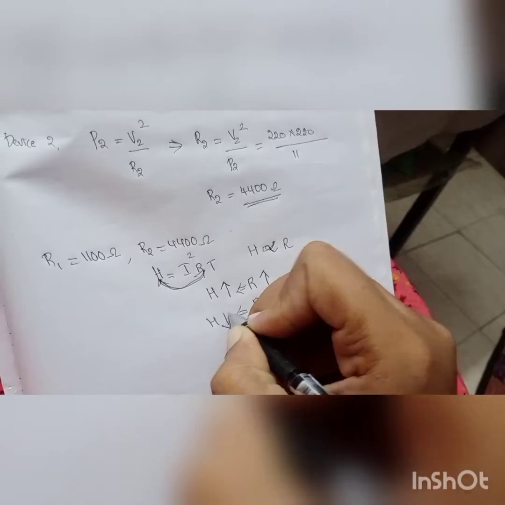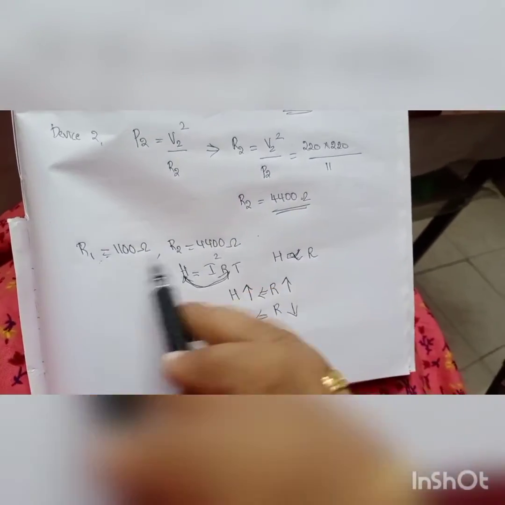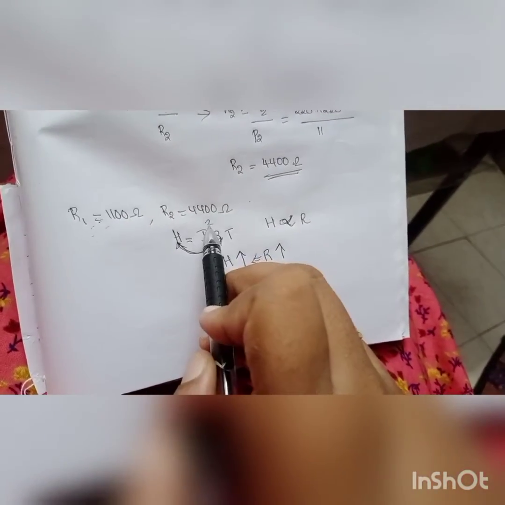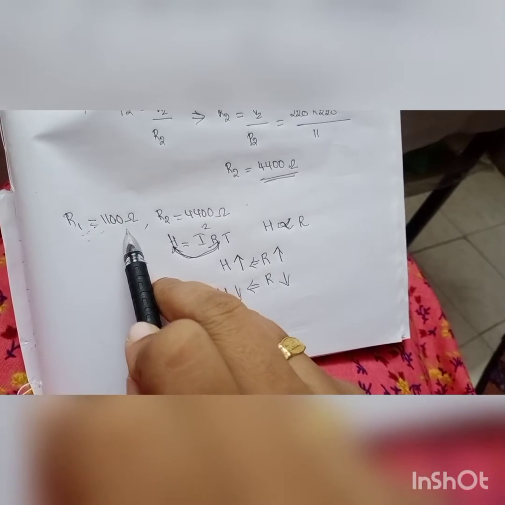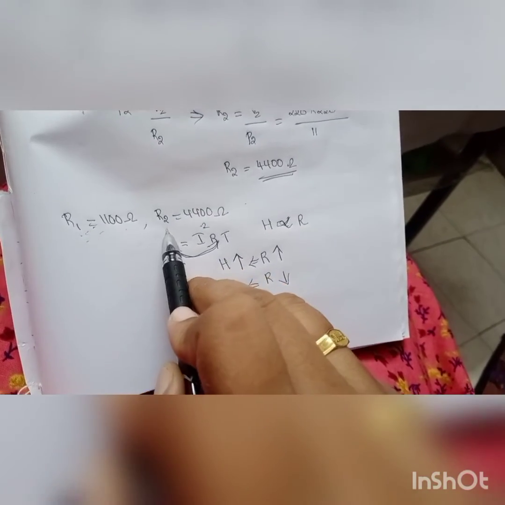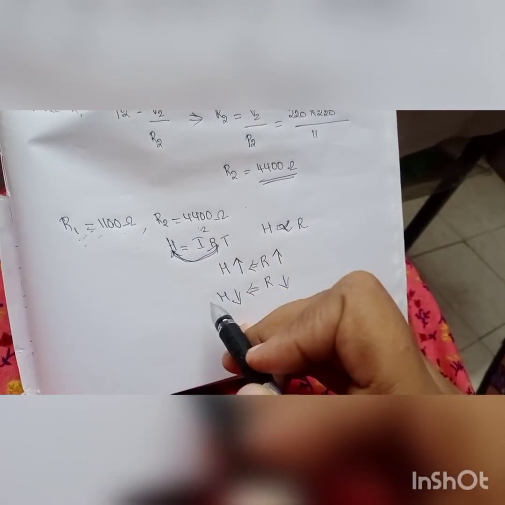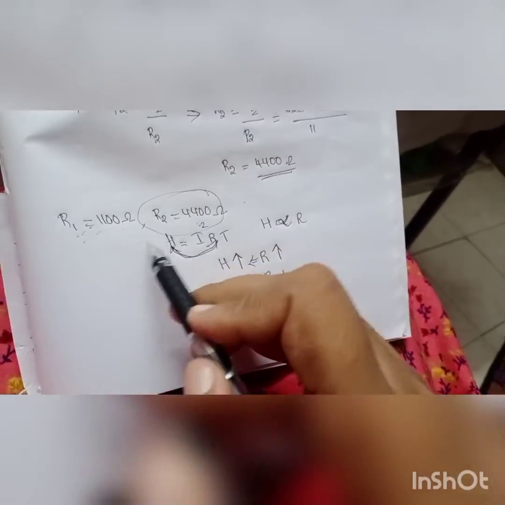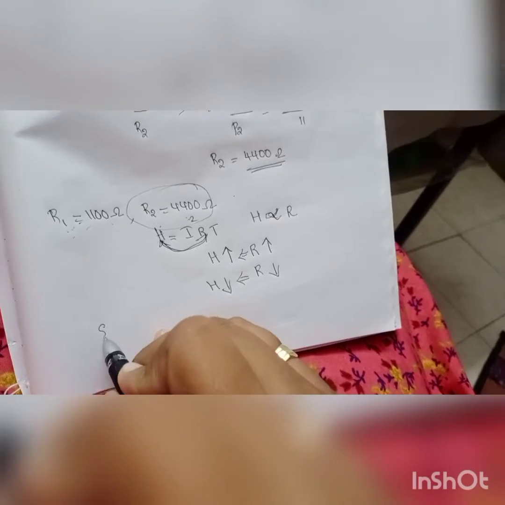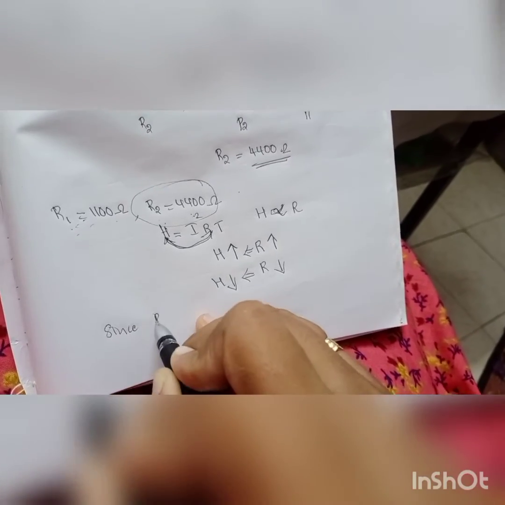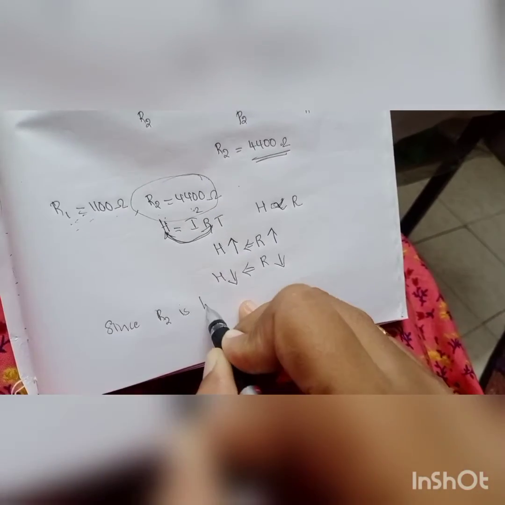Lower. Right. So here we have found the resistance value for both the devices. For device 1, the resistance value is 1100 and for device 2, the resistance value is 4400. So which one is the highest value? Yes, obviously R2 is the highest value. So we can write, since R2 is higher, which will burn?